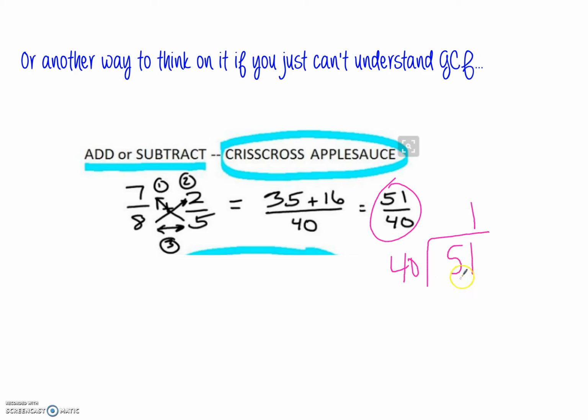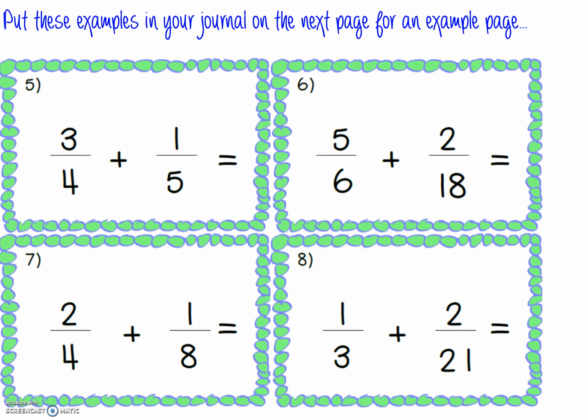So 40 will go into 51 once. If I subtract, I get 11. So that becomes my numerator. 40 becomes my denominator. Okay? So again, just a different way of looking at it. Crisscross applesauce means we crisscross, and then we multiply our denominators.